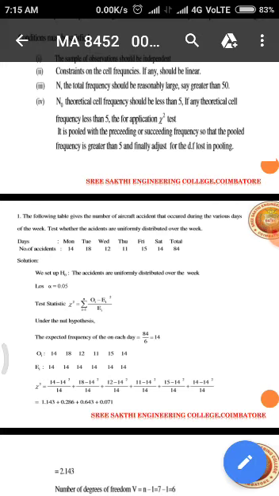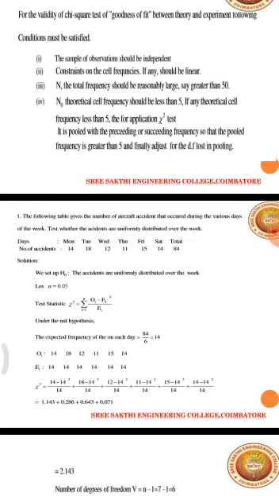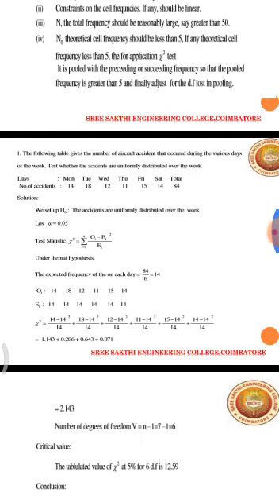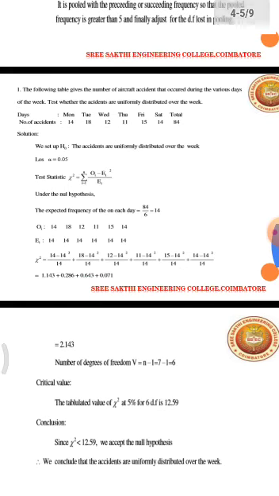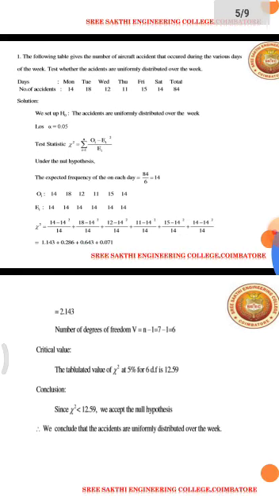Using the test statistic, chi-square equals summation i equal to 1 to n of (observed frequency minus expected frequency) whole square by expected frequency. The average accidents per day is the expected frequency. Applying the formula we get 2.143.